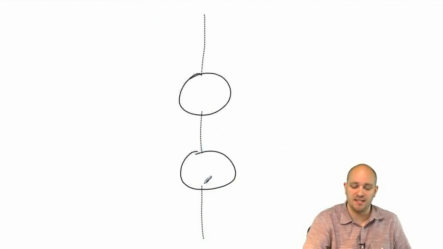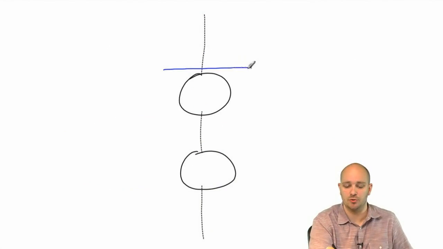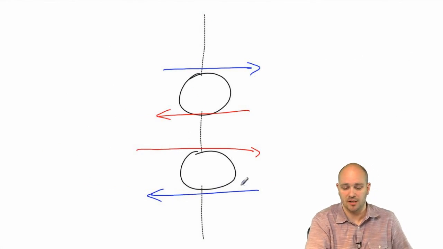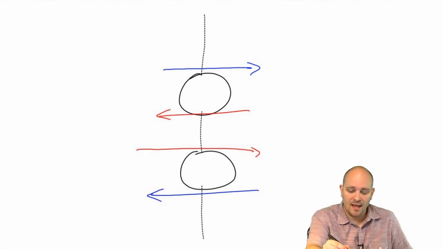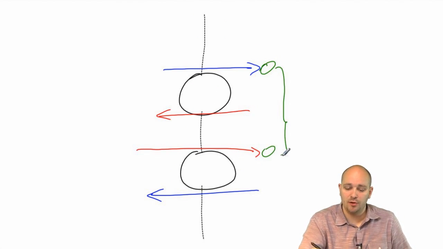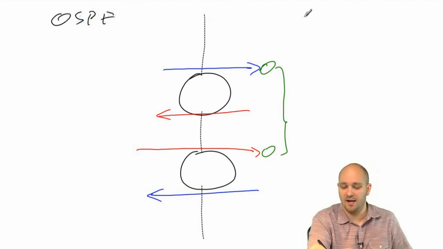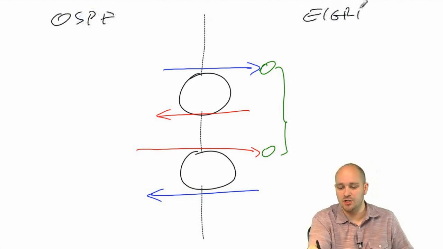Let's say that we had these two routing domains with two routers that were redistributing mutually between these two routing domains. So we have this redistribution direction and we have this redistribution direction here. Now, at this location here and this location here, we need to implement filtering. So let's say that this one here was OSPF and let's say that this here was EIGRP.